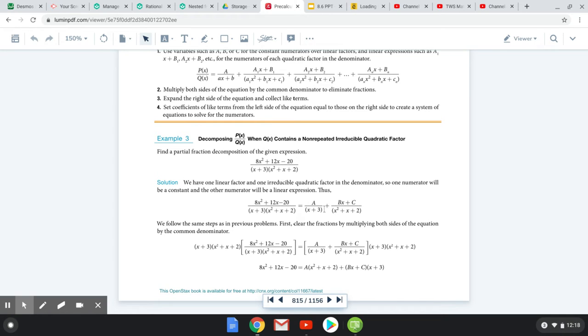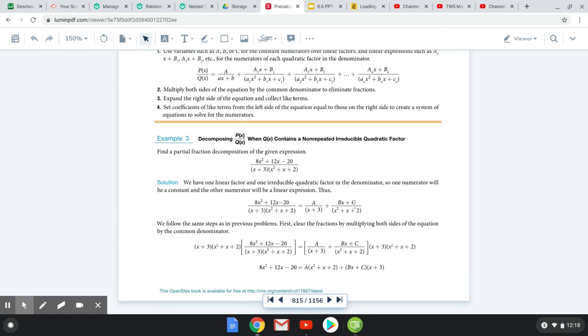So when we're setting up our new fractions, when we have something in the denominator that's not linear, then we need to set up the numerator in such a way that it is 1 degree less. So if this had been cubic, I would have needed to set up a quadratic in the numerator. So it has to be 1 degree less.